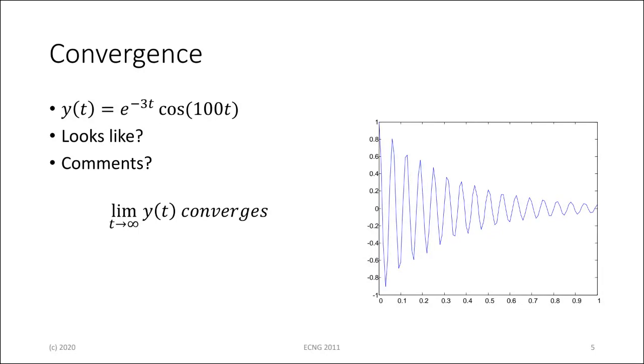If you flip the sign around, and you have an e to the minus 3t instead, then what you get is a decaying sinusoid. So it's oscillating, but eventually it dies down and will come to 0. So the limit of y(t) as t goes to infinity, or as t gets very large, is 0. In other words, the answer converges.